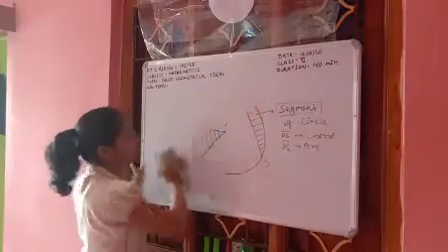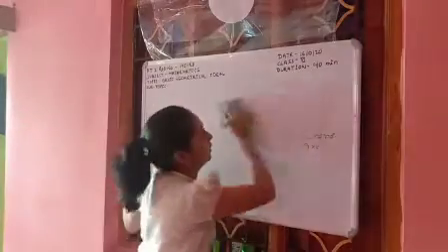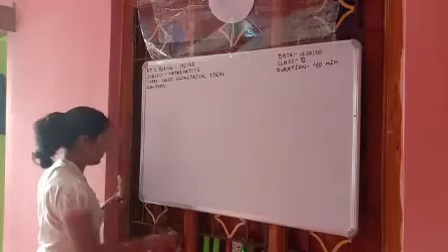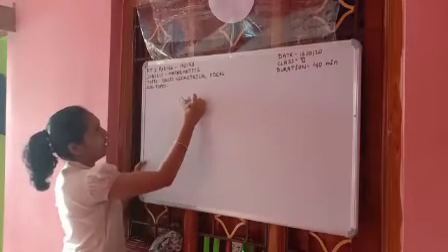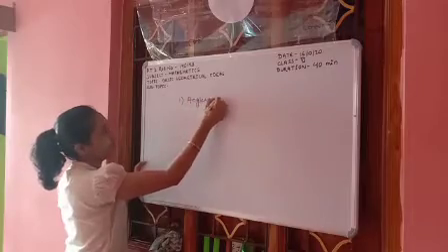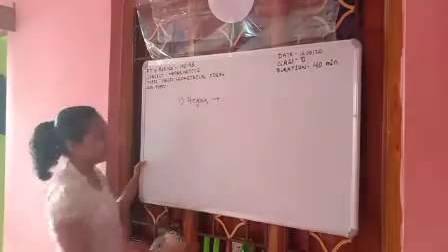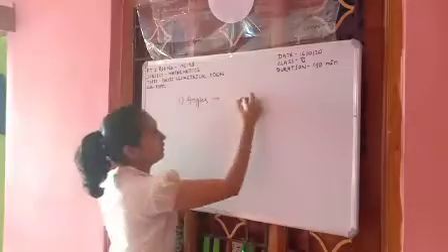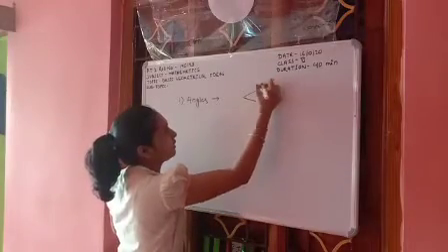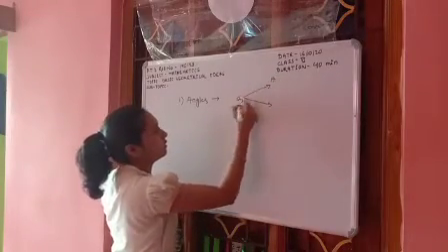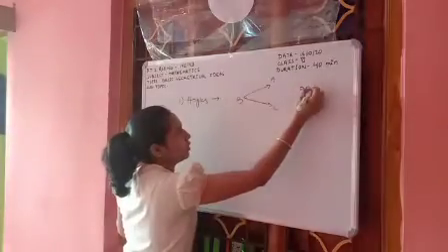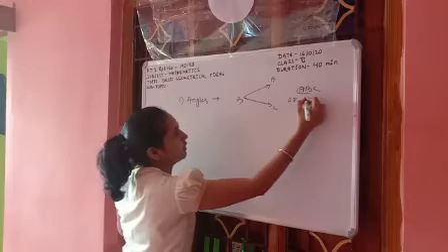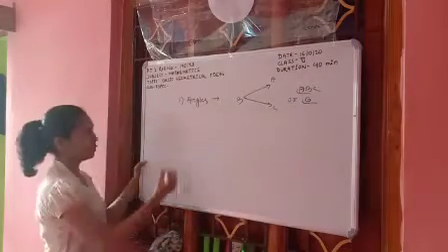Then we revise. First we see angles. Name the angle. Here, A, B, C, or angle B. Yes, good.